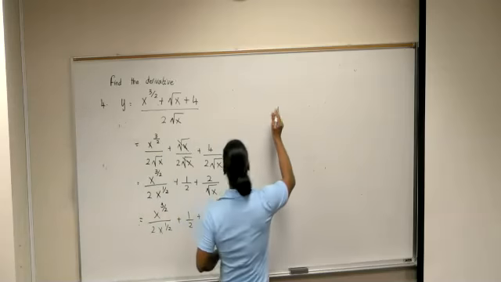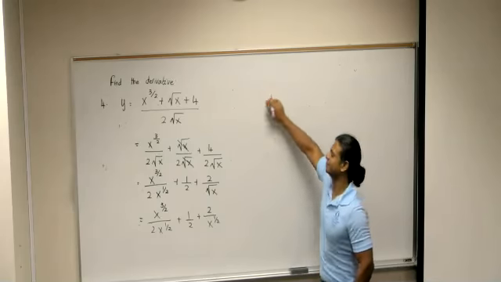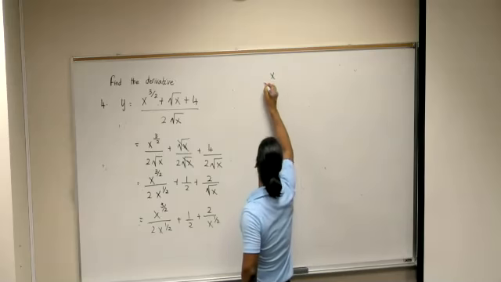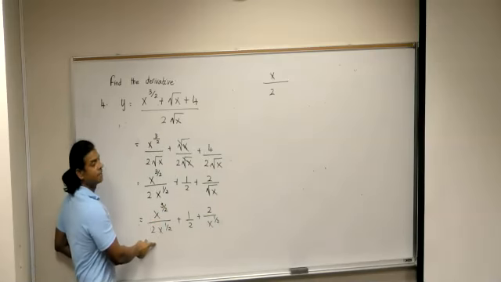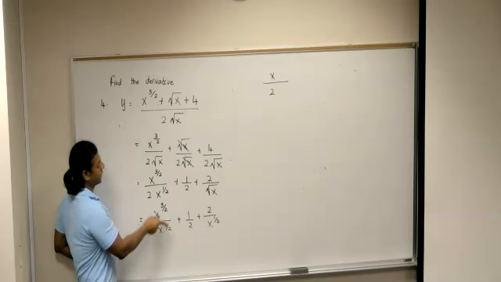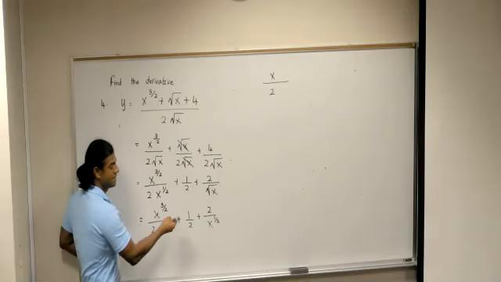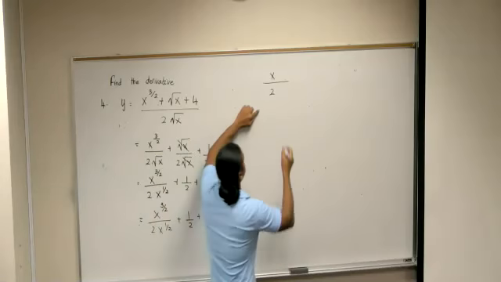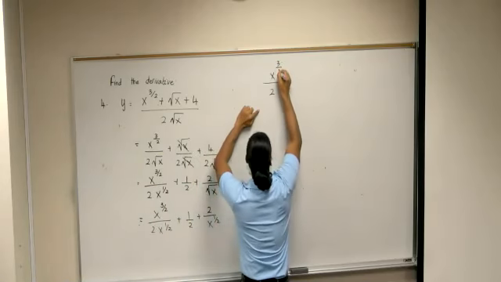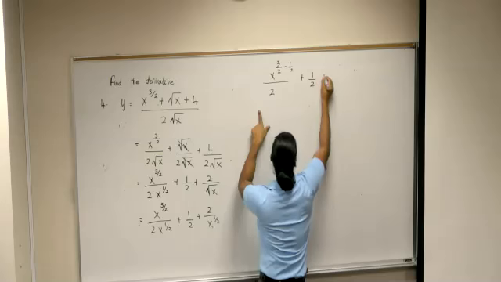Because there's exactly one difference between 1/2 and 3/2, so it's x to the 1 over 2. If you have identical bases, all you have to do is subtract the numerator power and the denominator power. In the sense you take away the denominator power from the numerator power. So 3 over 2 minus 1 over 2, plus 1/2.